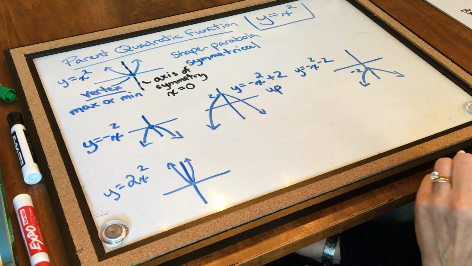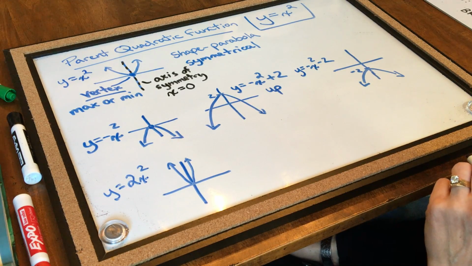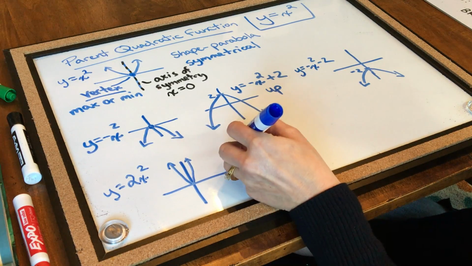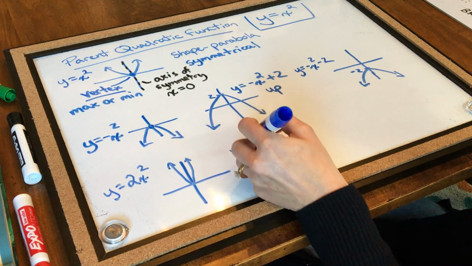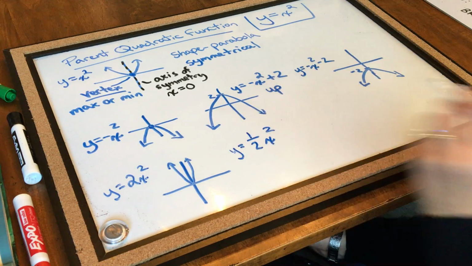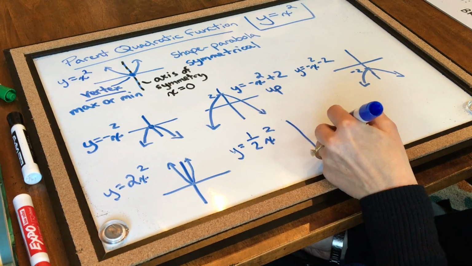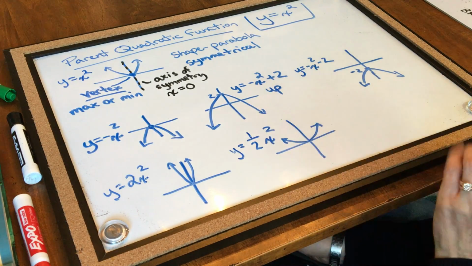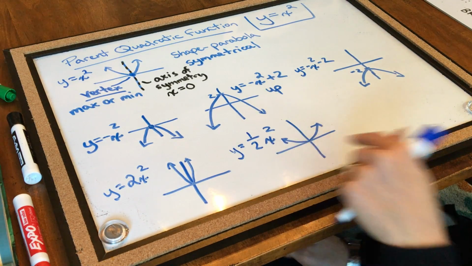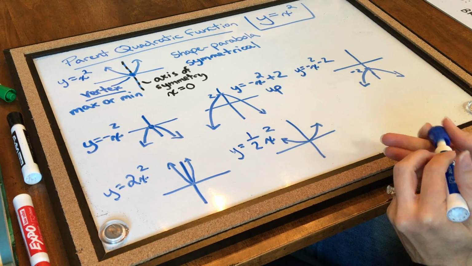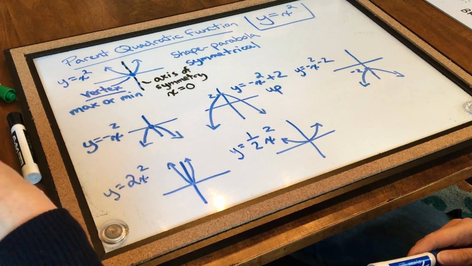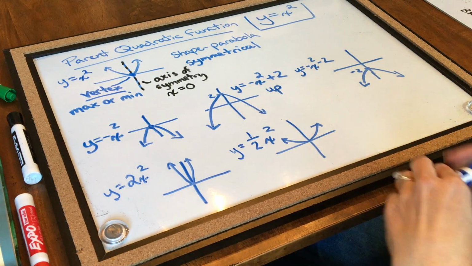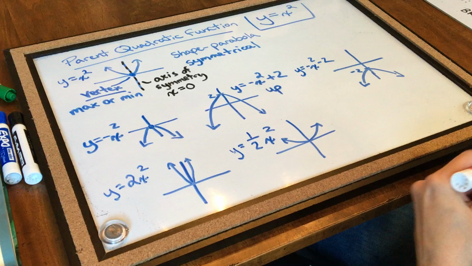So that actually makes my graph more narrow. If I was going to multiply this by some sort of a fraction, like y equals 1/2 x squared, this actually makes my parabola wider. Interesting, right? So let's take a look at the gotta check.